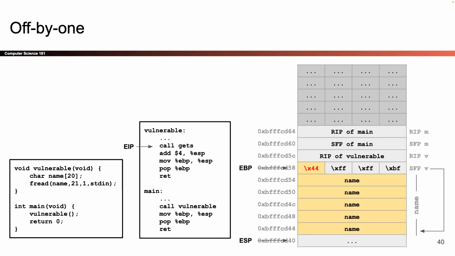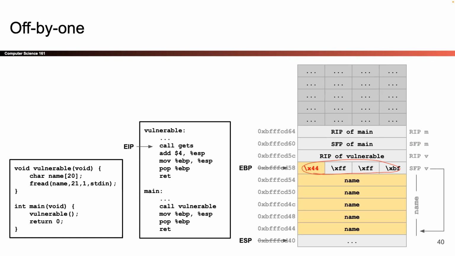Then we come back here and we ask the program again the same question. The program does not think anything changed because the program was not expecting an attacker to go in and modify memory. So if I ask the program the question, it's going to answer the exact same thing, which is, okay, well, if you want to know the RIP of the previous stack frame, all I have to do is look at the SFP of the current stack frame. That's an address.